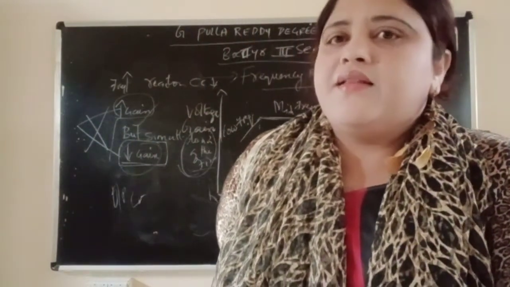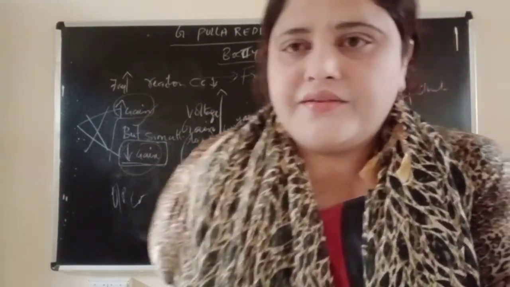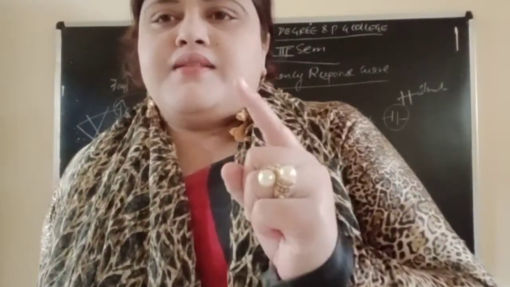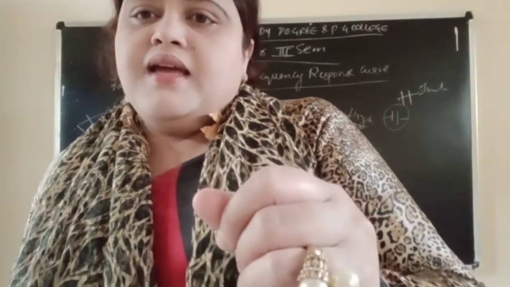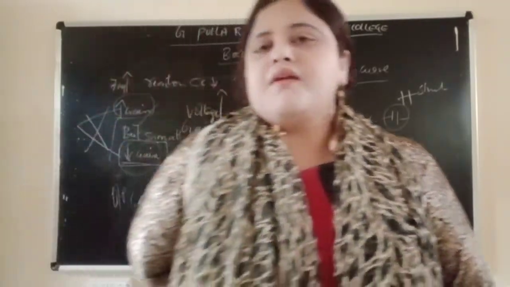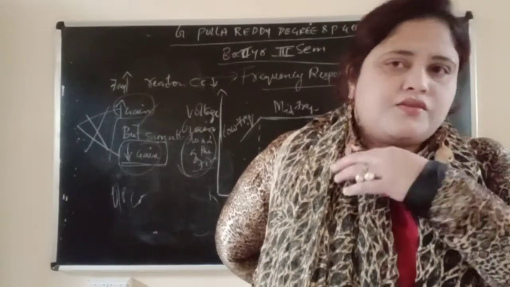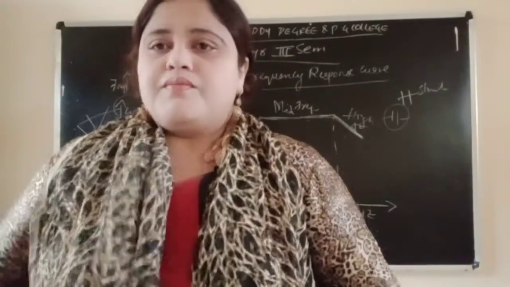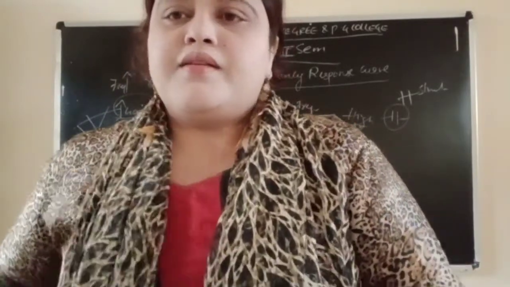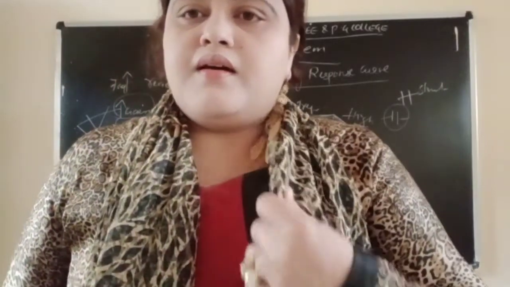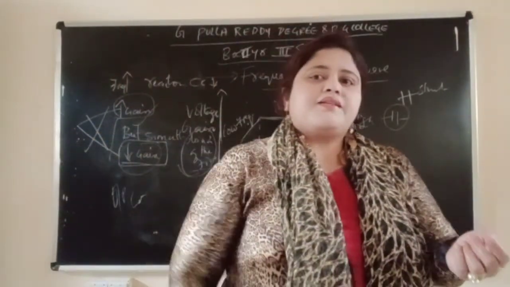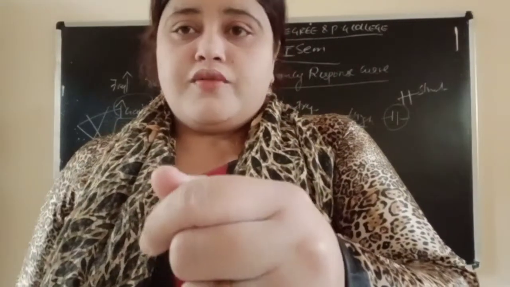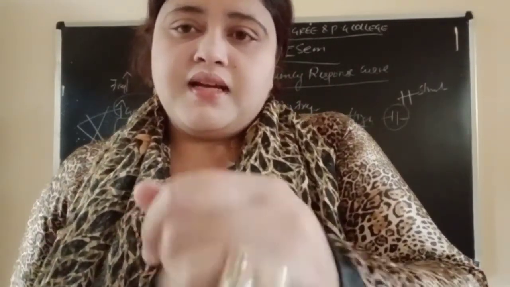At low frequency, the gain will reduce because of two components in the circuit: the coupling capacitor C and the emitter bypass capacitor C. Then for mid frequency, as the frequency increases, the reactance of the coupling capacitor decreases, which increases the gain, but it simultaneously increases the loading of the first stage, which decreases the gain.